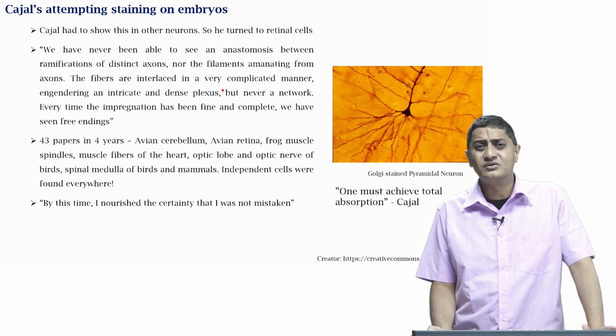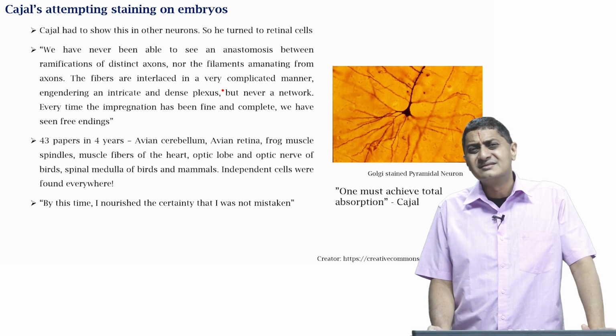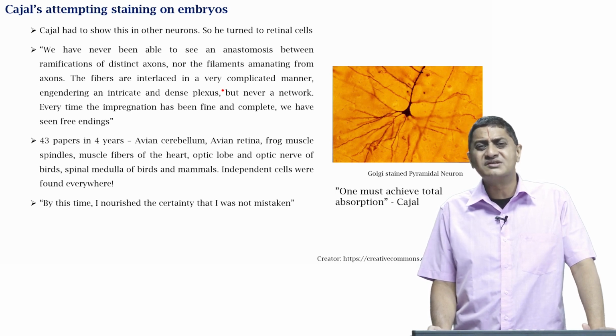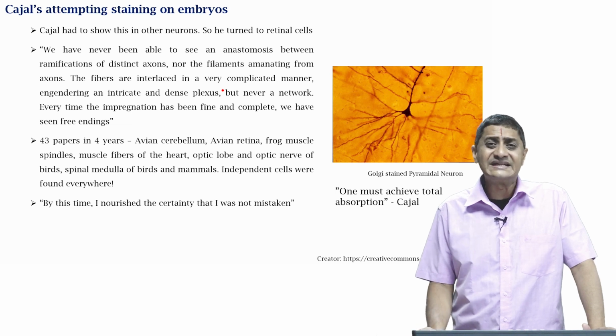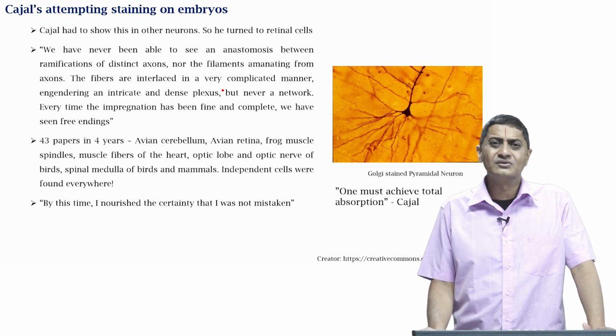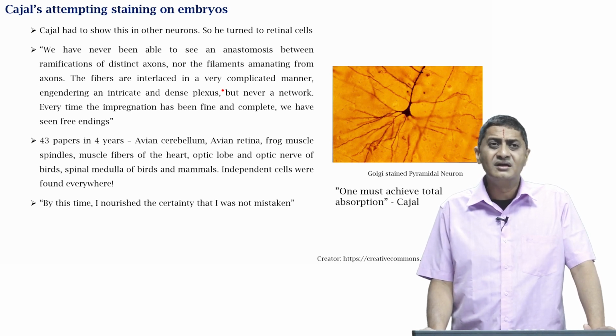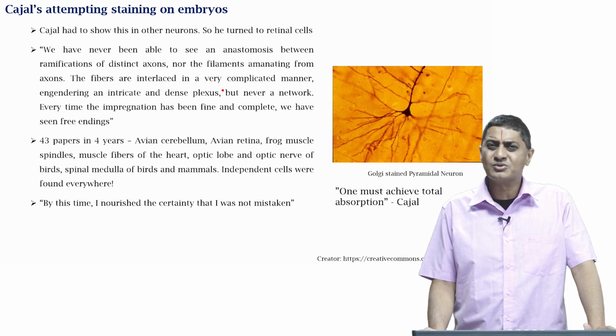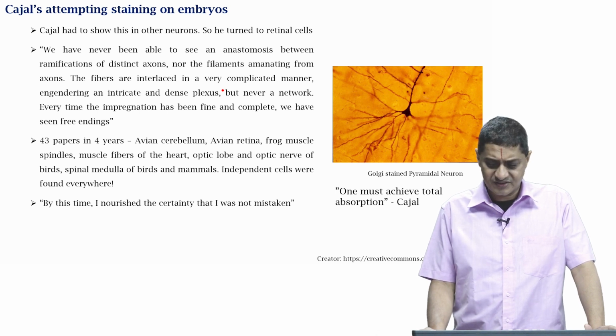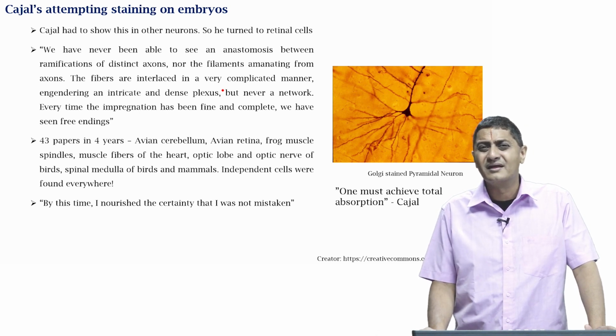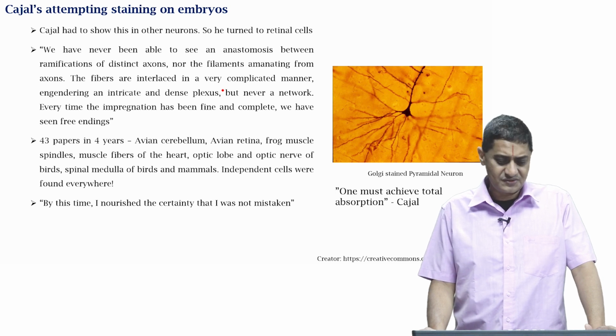So, he turned to retinal cells. Remember, cells of the cerebellum and retina are some of the most well organized cells in the entire central nervous system. So, he turned his attention from cerebellum to retinal cells, and what he found he describes as follows: we have never been able to see an anastomosis between ramifications of distinct axons, nor the filaments emanating from the axons, that is, the collaterals of the axons.